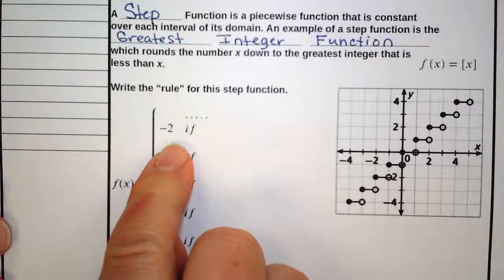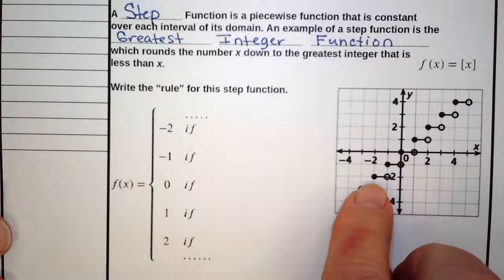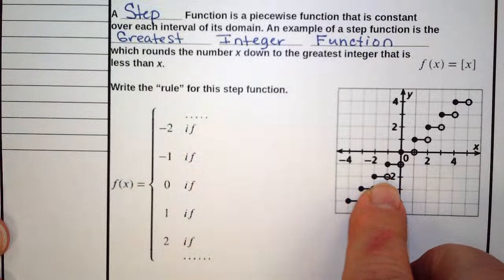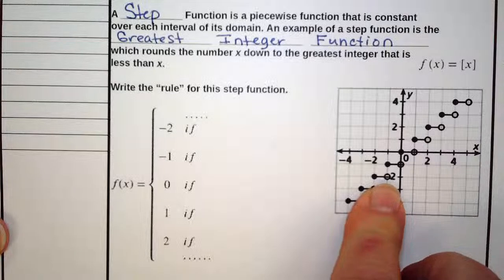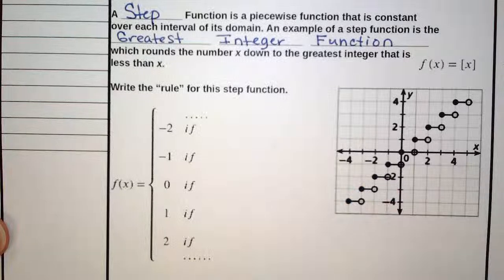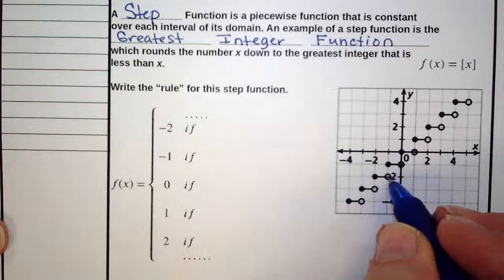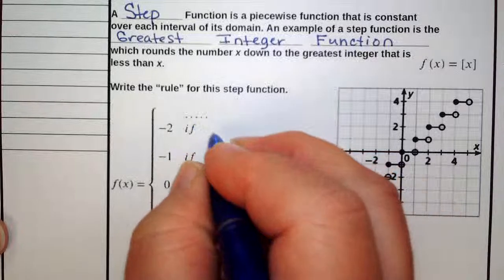So as we're looking at -2, -2 goes from here to here. It starts at -2 and ends at -1. It is equal to -2, but not equal to -1.